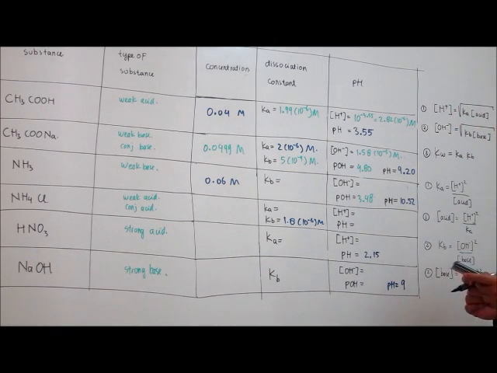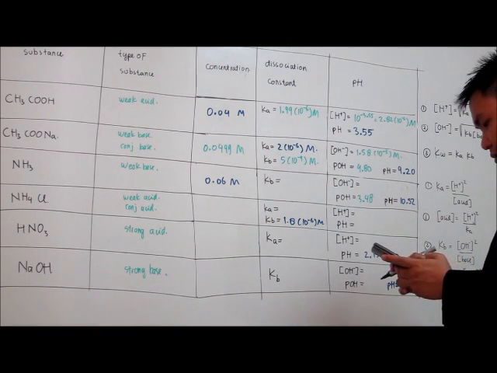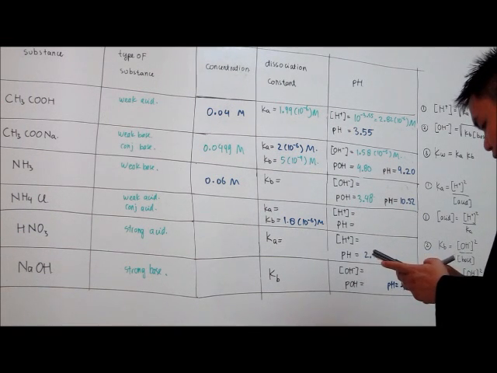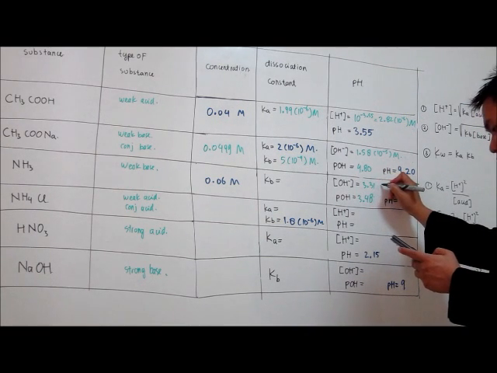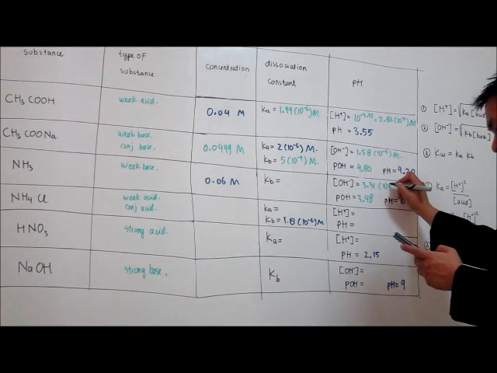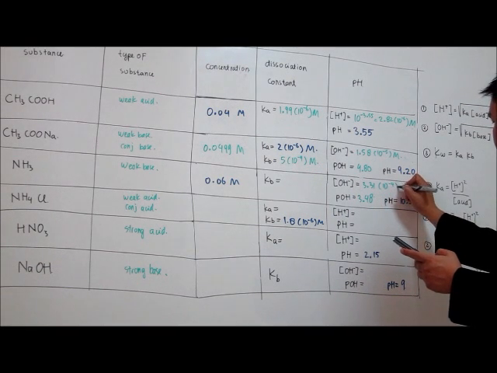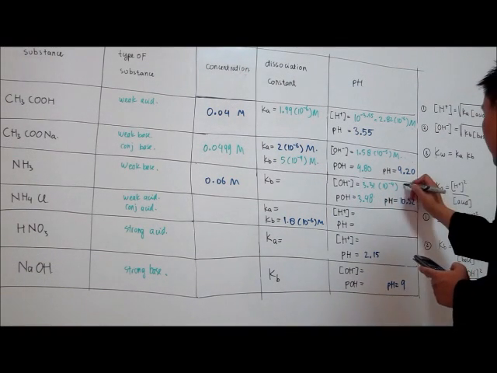Concentration of OH minus is of course 10 power negative 3.48. You get 3.31 times 10 power negative 4 mole per dm cube.